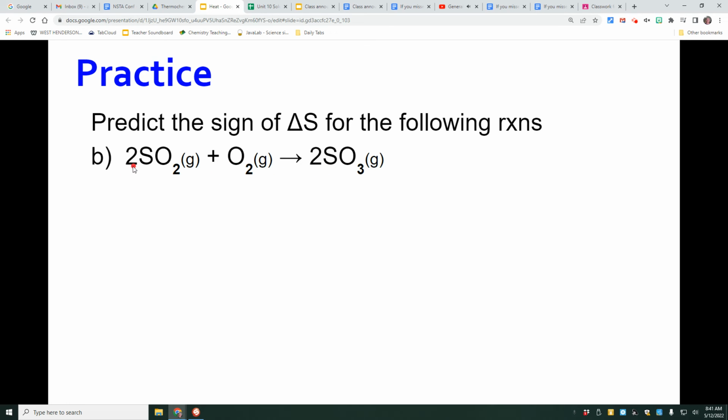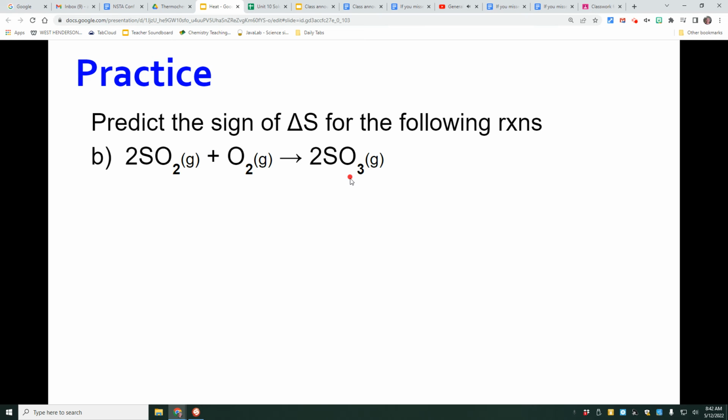So on my reactant side, I have 2 moles of sulfur dioxide and only 1 mole of oxygen gas. So that's 3 moles total on my reactant side. On my product side, I have 2 moles of sulfur trioxide. So I'm going from 3 moles of gas on the reactant to 2 moles of gas on the product side.